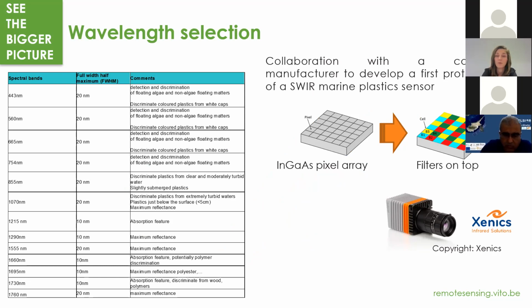With this information, we went to a camera manufacturer in Belgium, Cyprus, and they actually designed a specific camera for us, with bands in the shortwave infrared. So it's an InGaAs pixel array, where they put filters on top with the exact wavelengths that we have been specifying. This camera is now being used in our first experiments.